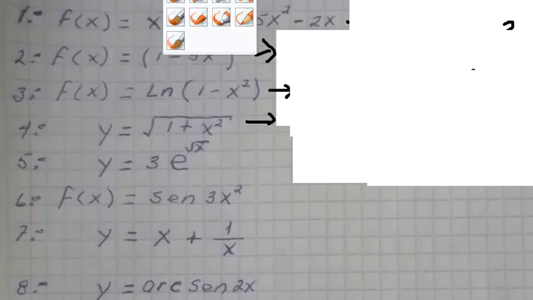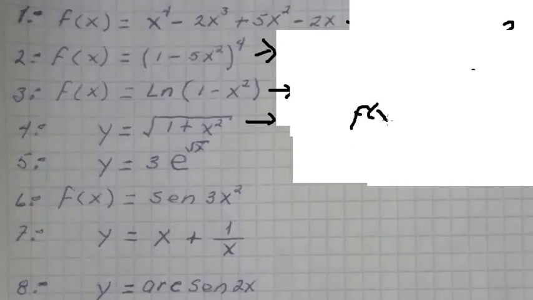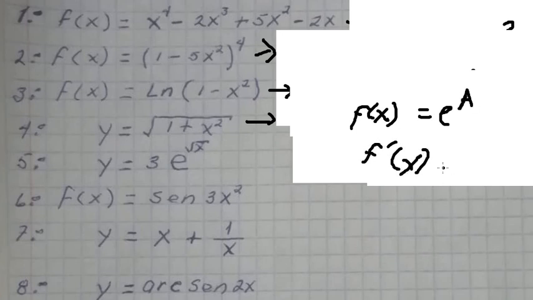Question number 5. We have the formula in here. If we do the first derivative, you keep e to the power of a, and we continue to do the first derivative of a in here.